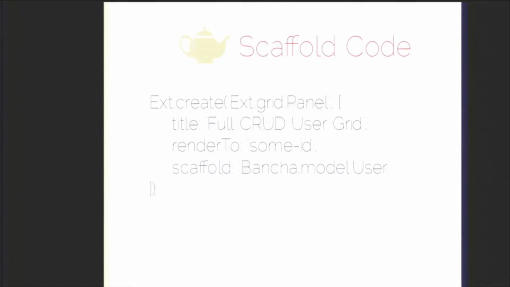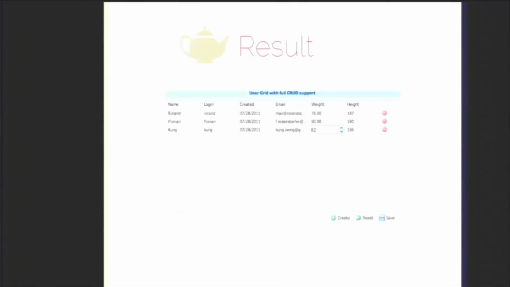So you say, I want to create a new grid, and I give it some random title, I define where it should be, and I say it should be rendering the user model. And then you get something like this. You can change multiple records, you can do creates, you can reset, you have validation rules, everything running. And when you click the save, everything is saved to the server.